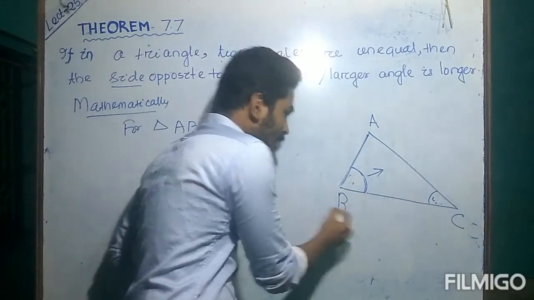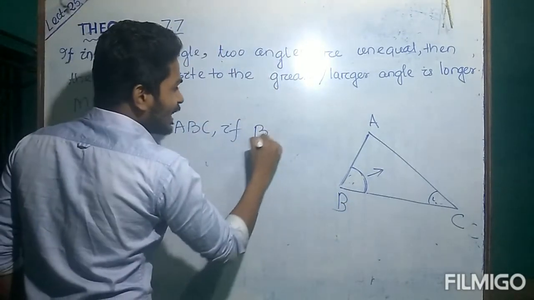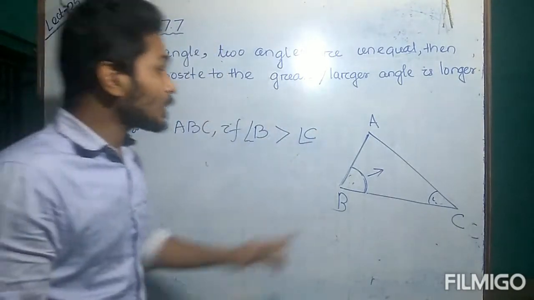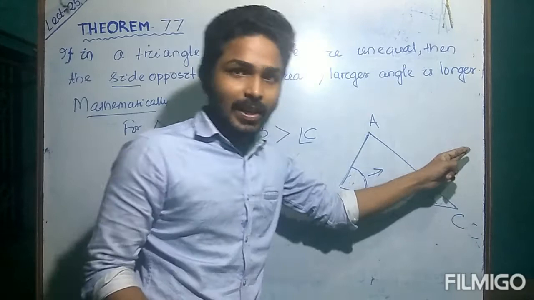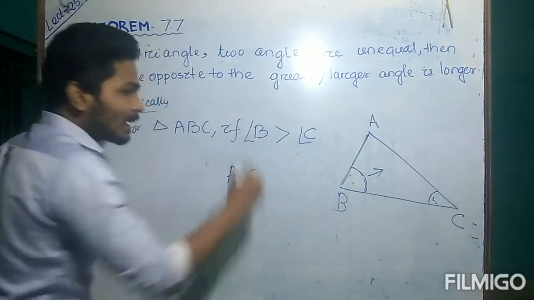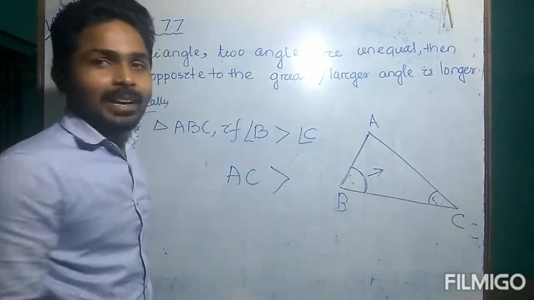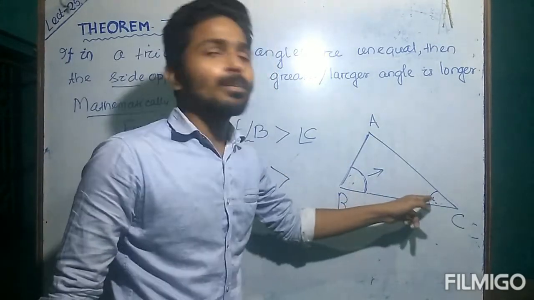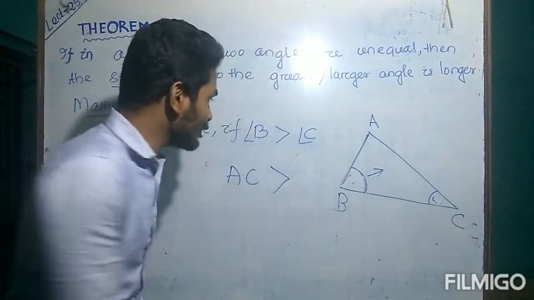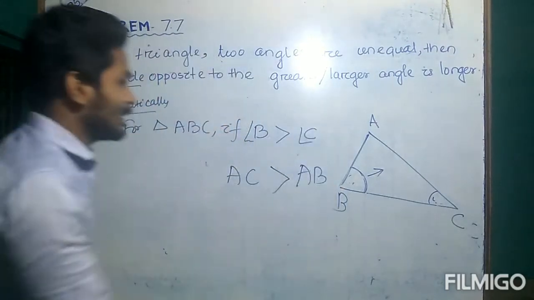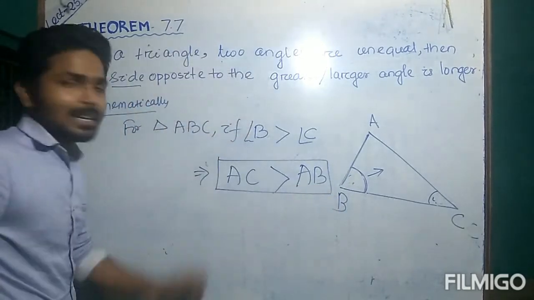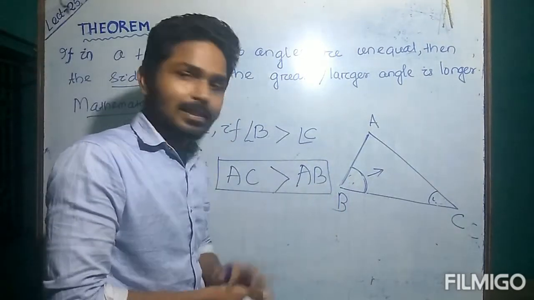This angle, angle B. If angle B is greater than angle C, then the opposite side of the larger angle, which is AC, is greater than the opposite side of the smaller angle. This is the smaller angle, so the opposite side is AB. Then AC is greater than AB. This is theorem number 7.7 that it states. Do you understand this? This is clear now.